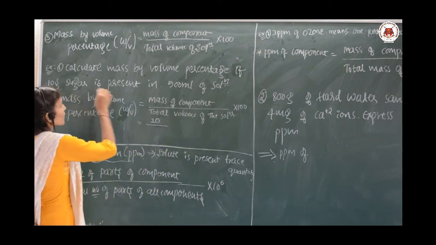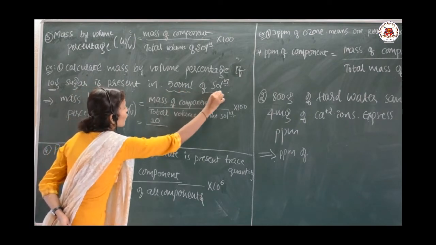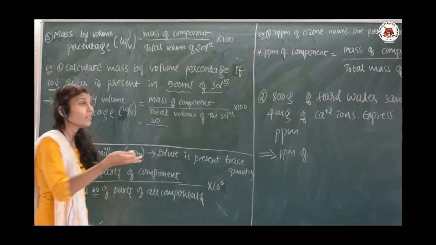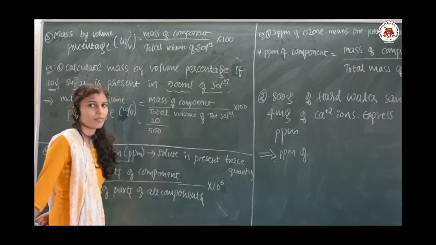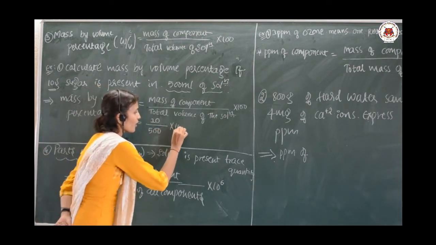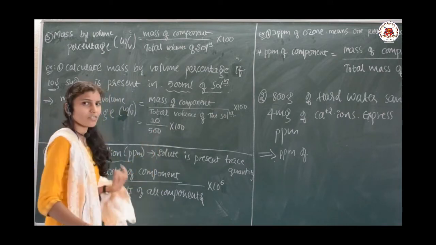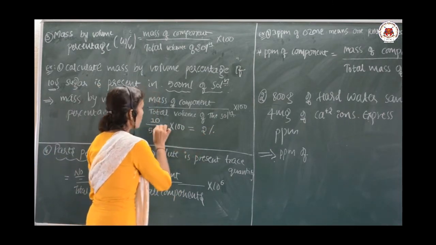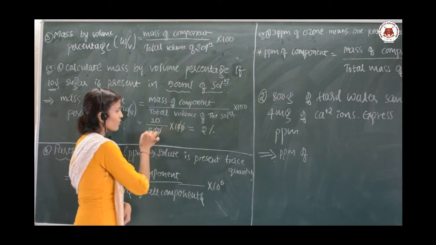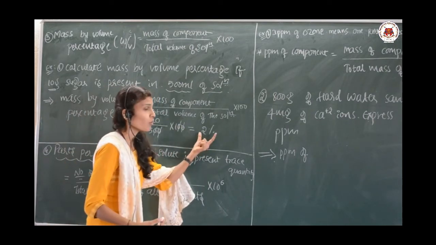The solution here is 500 ml, that is the total volume, divided by 500 into 100. So as you cancel for calculation, you will get 2 percentage. 0 0 get cancelled, 5 ones are 5, 5 twos are 2%.